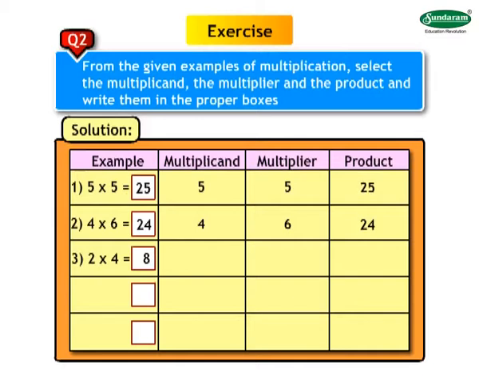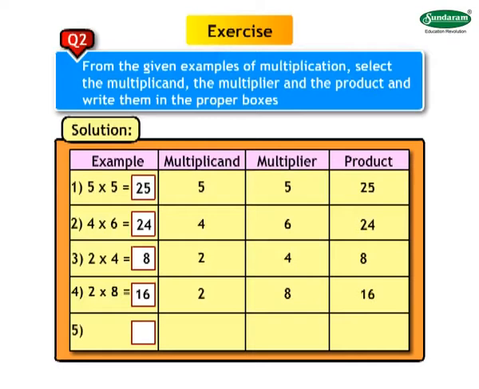Here, the multiplicand is 2, the multiplier is 4, and the product is 8. Fourth, 2 into 8 is equal to dash. 2 eights are 16. Here, 2 is the multiplicand, 8 is the multiplier, and 16 is the product.